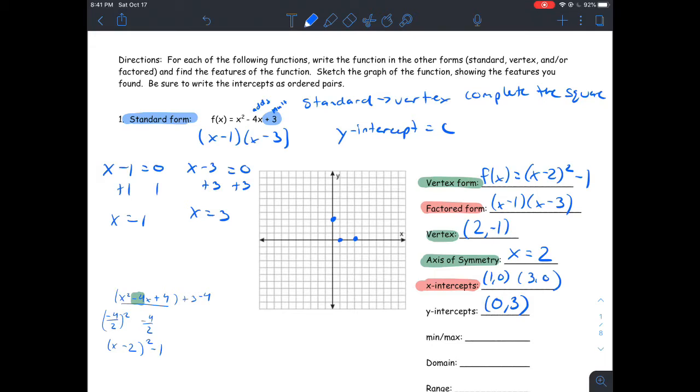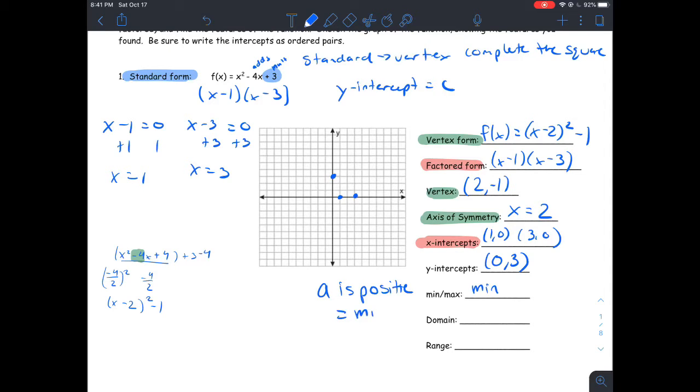Then we have, if it's going to have a min or a max. Looking at this, we can see that this function is going to have a minimum. And how do I know that? Well, since a is positive, that means that it opens up like a cup, and I'm going to have a minimum. So if a is positive, you have a minimum.